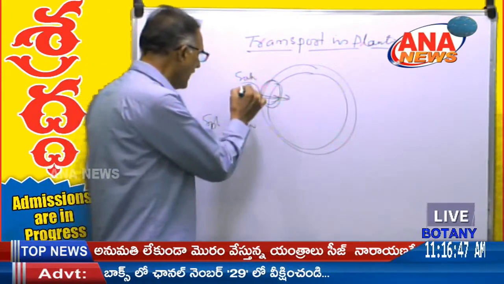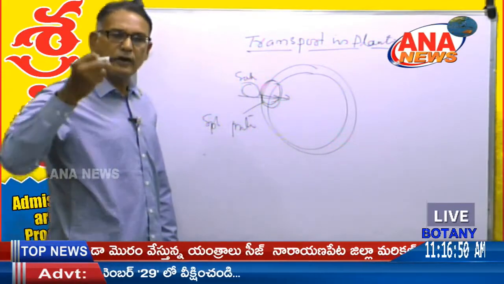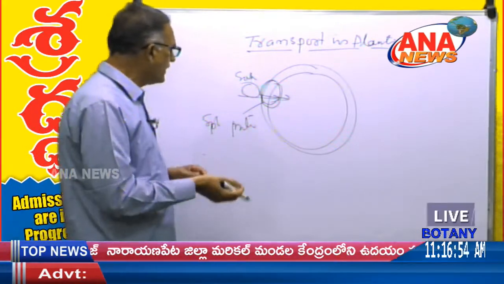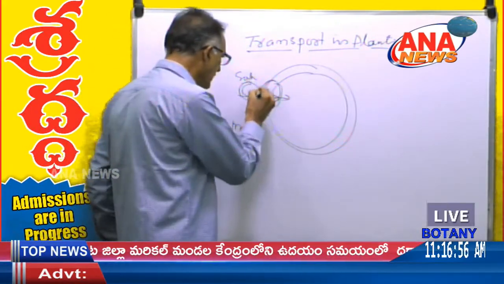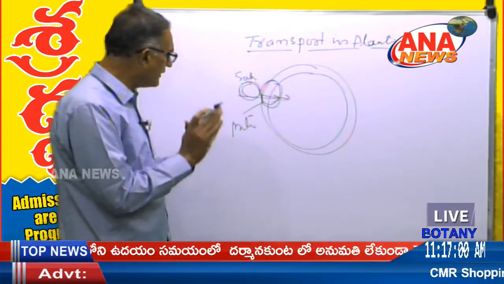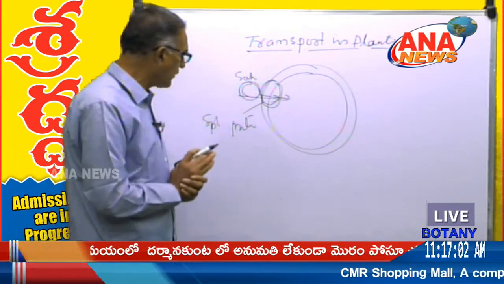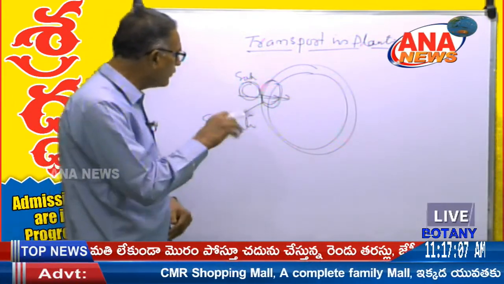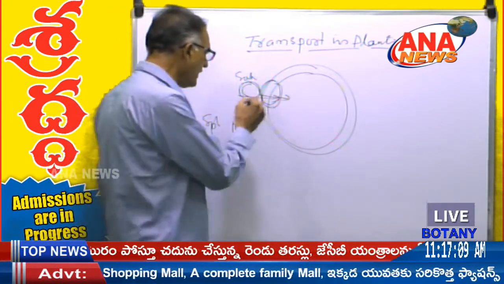So some hydrophilic substances do not diffuse across the membrane because the size of the particles is large. Such substances are facilitated to diffuse by special proteins present in the membrane.